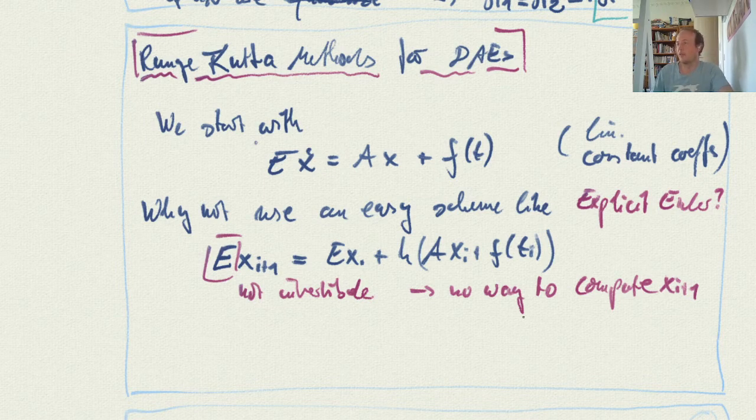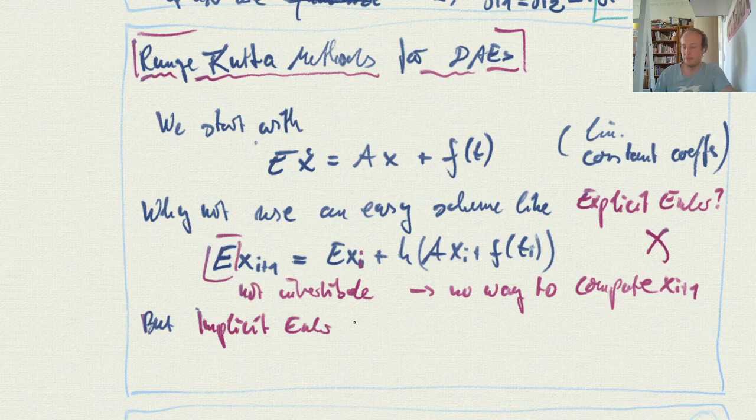So there's no chance that we can compute the new iterate based on the old one. So obviously this is not a good idea. Well, but implicit Euler works well.